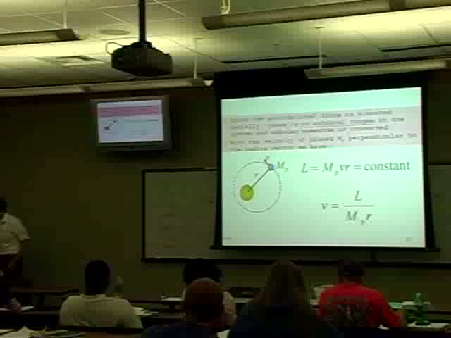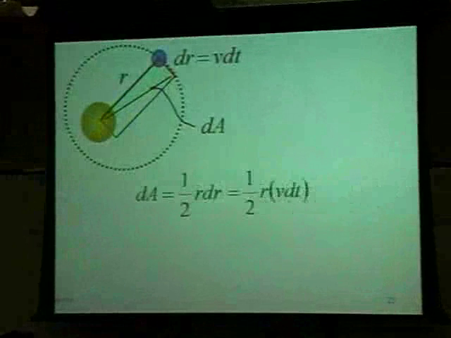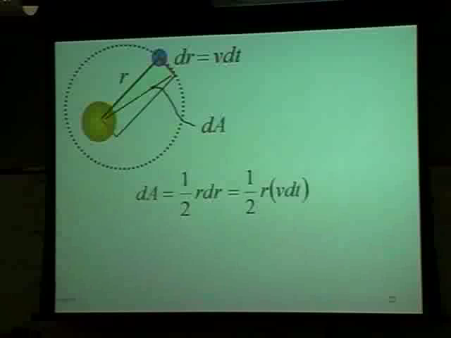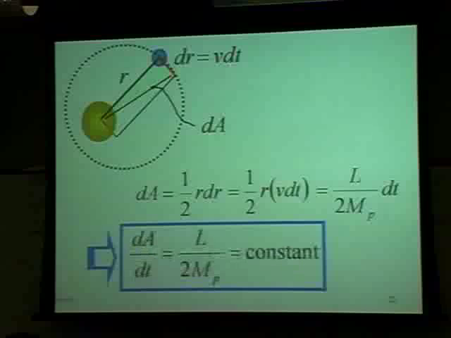So you can say its velocity is its angular momentum divided by the mass of the planet divided by its radius. And if you do a little bit of calculation, if you think about a planet moving some distance dr, which would be its velocity times dt, you're not going to have to know all this, but with a little bit of derivation here, the area is going to be r times velocity dt, and you integrate that over time, or actually in this case we just want the rate, you come up with this.